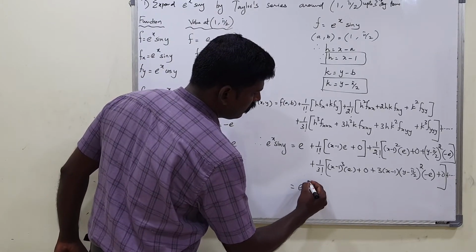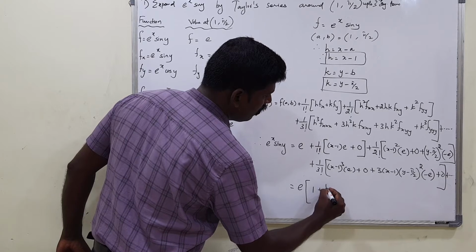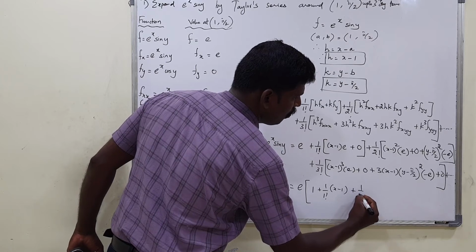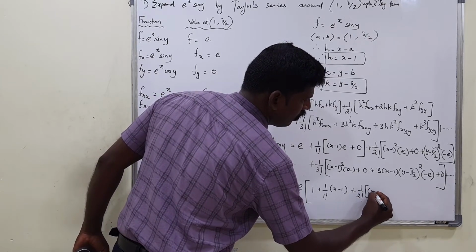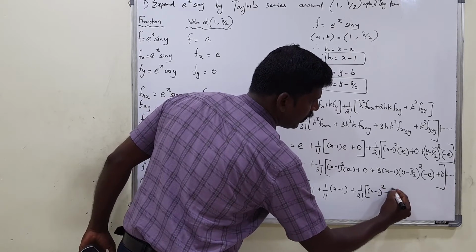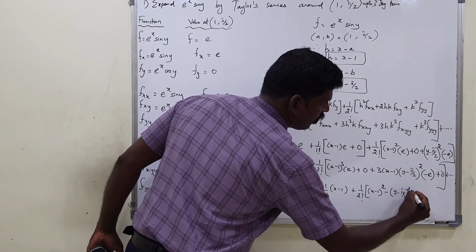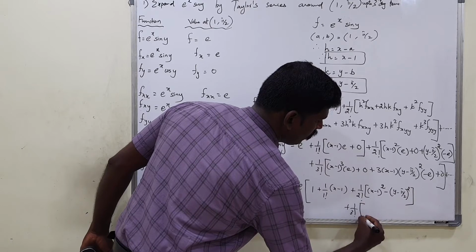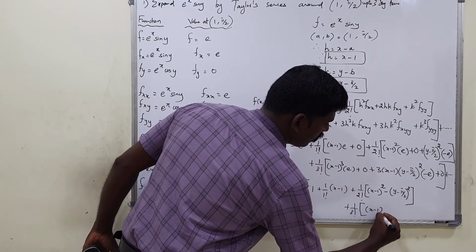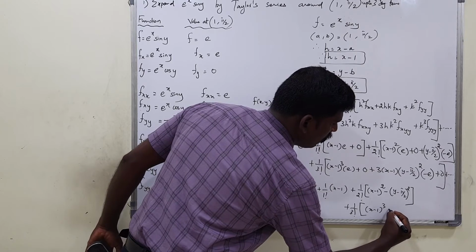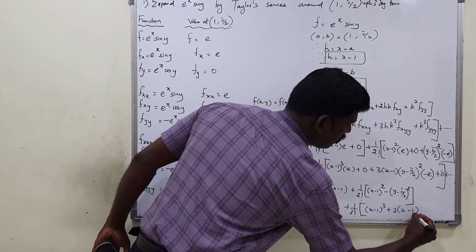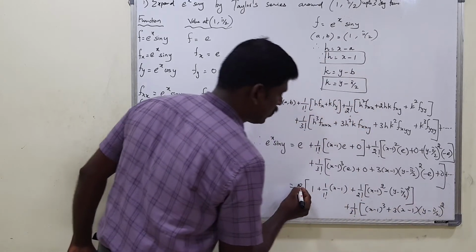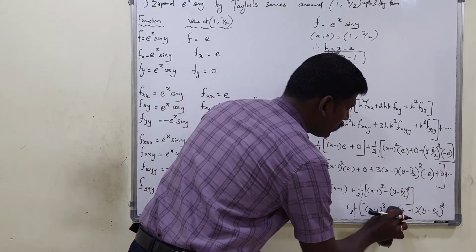So e into 1 plus 1 by 1 factorial into x minus 1 plus 1 by 2 factorial into x minus 1 the whole square minus y minus pi by 2 the whole square plus 1 by 3 factorial into x minus 1 the whole cube plus 3 into x minus 1 into y minus pi by 2 the whole square. e is taken as common, so minus is here. So this plus 3 becomes minus 3.